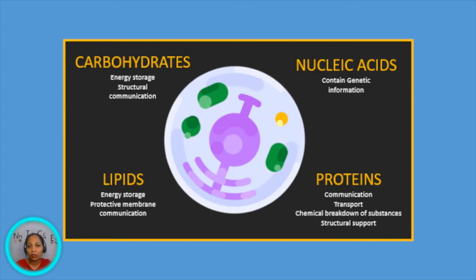Summary of these biological molecules. We have the carbohydrates, which contain the elements carbon, hydrogen, and oxygen, and are for energy storage, structural support, and communication. The lipids also contain carbon, hydrogen, and oxygen, and are for energy storage, protective membrane, and communication. The proteins are made up of carbon, hydrogen, oxygen, and nitrogen, and are for communication, transport, chemical breakdown of substances, and structural support.